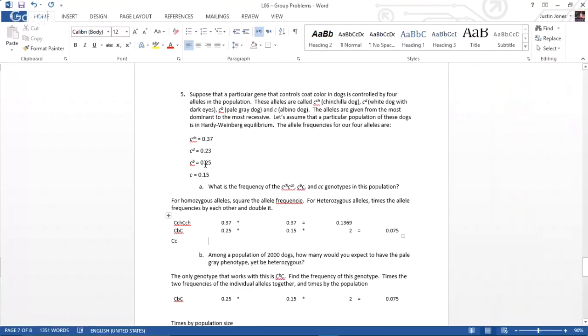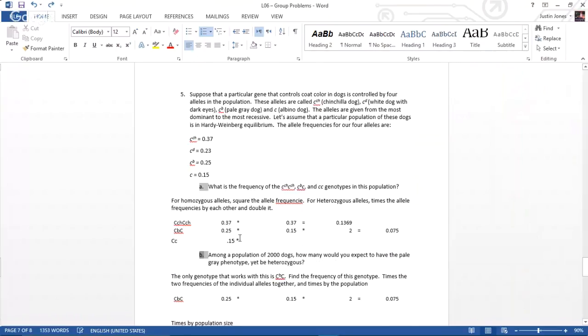For B, you're going to times 0.25 by 0.15. For this next one, I missed it, so I'll put it in. It's 0.15, 0.15.